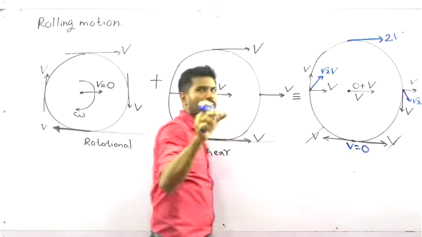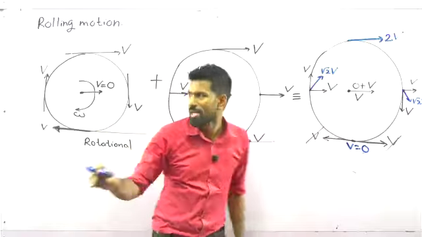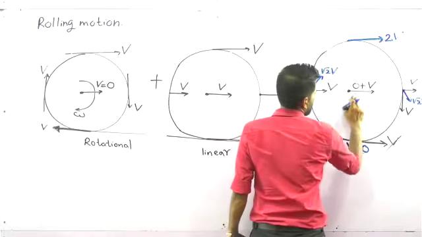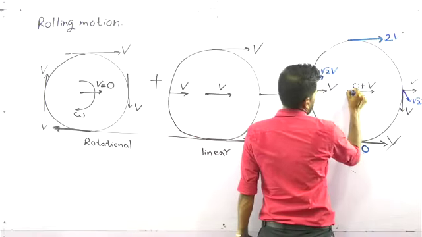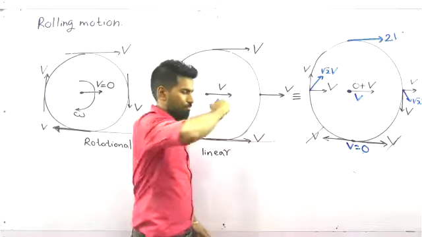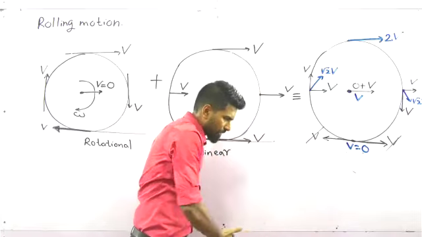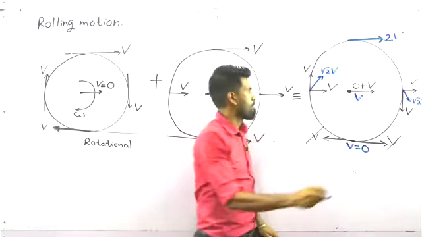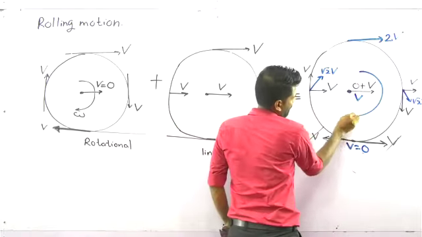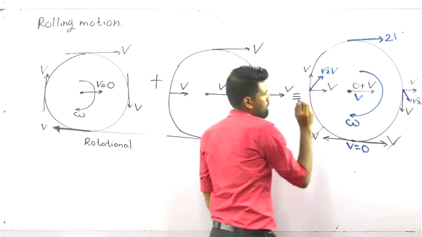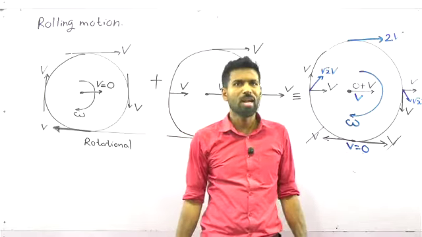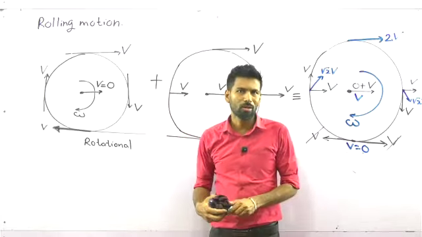In the center, from the rotation, you don't have a velocity. From the linear, you have a v, so it's a single v value in the center. While rotating, it moves forward. So this omega is still there. So this is the velocity profile of a rolling. It's relatively more complex than normal rotation.